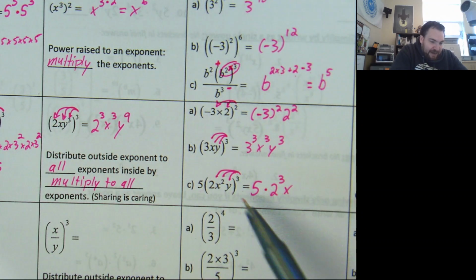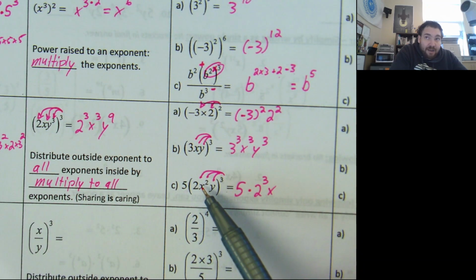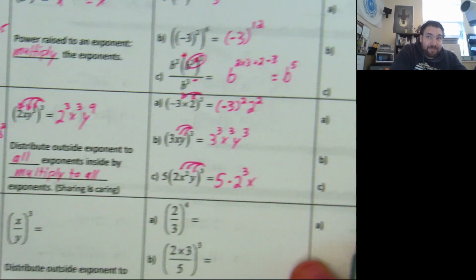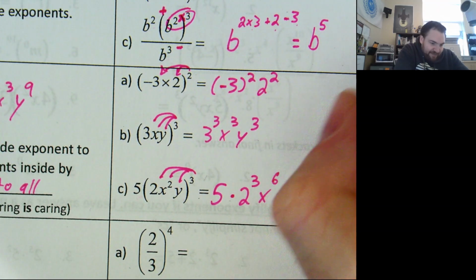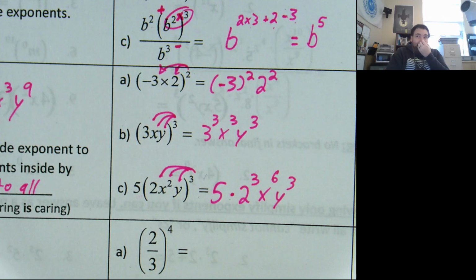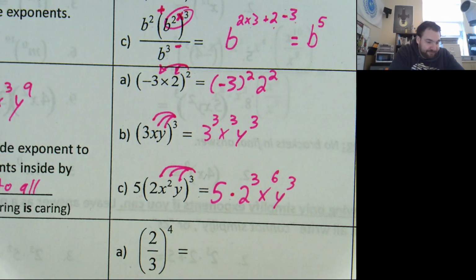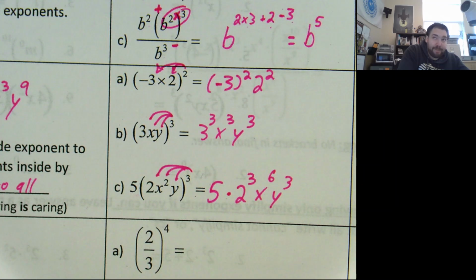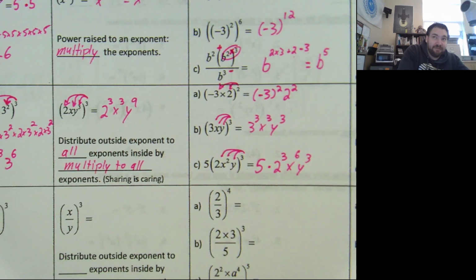The x becomes to the power of 6. We multiply them together, good. And then y to the power of 3. That 3 just goes on to what's inside the brackets. And we'll leave the evaluating for later.